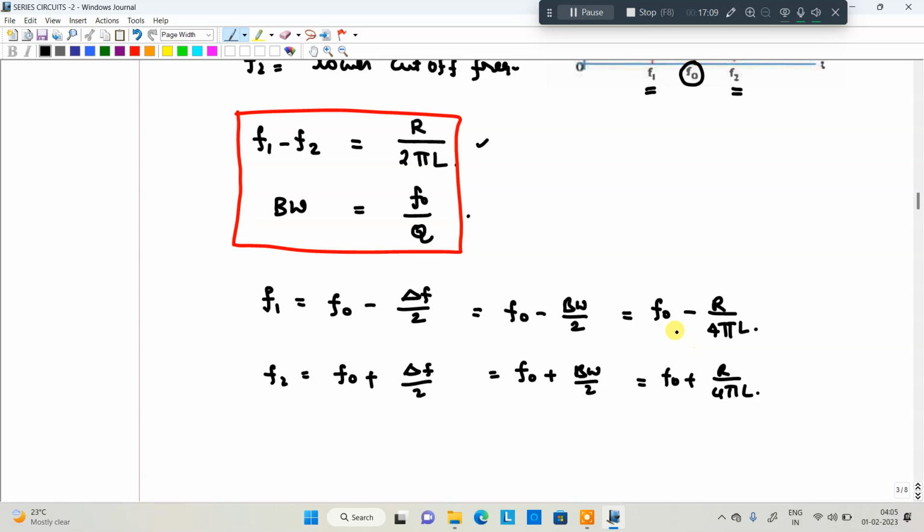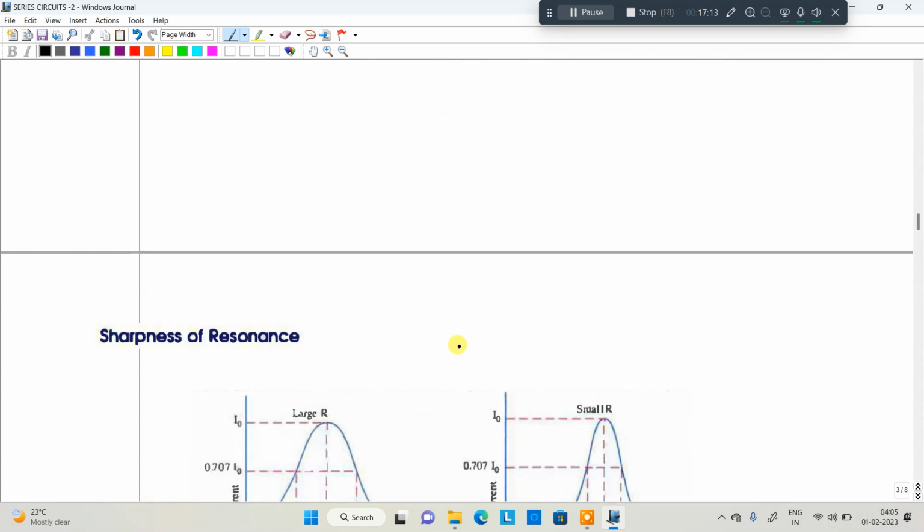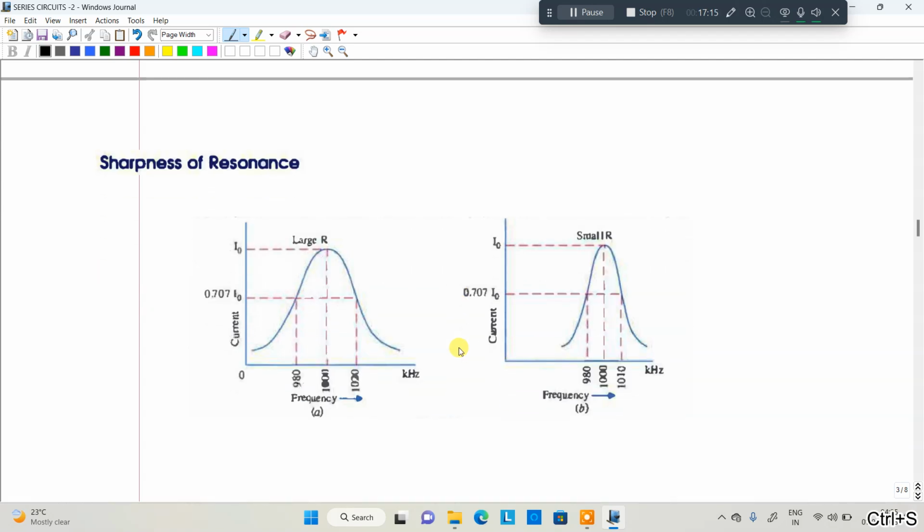Then we are moving to the next topic, that is the sharpness of the resonance curve.